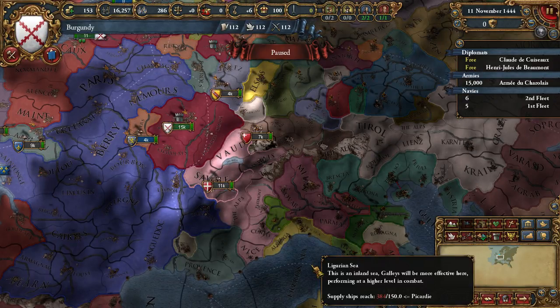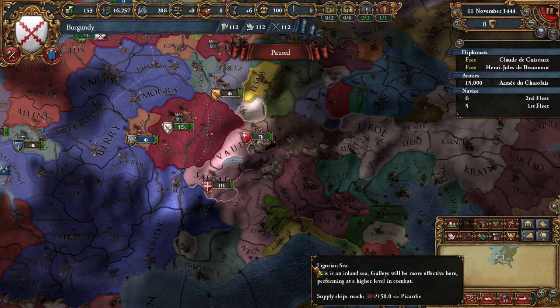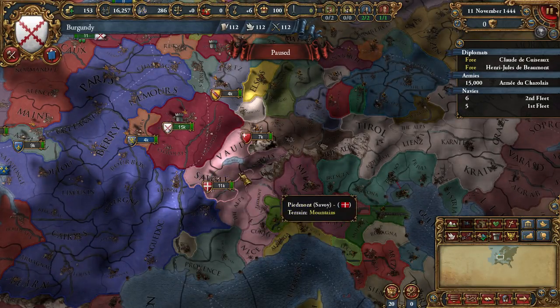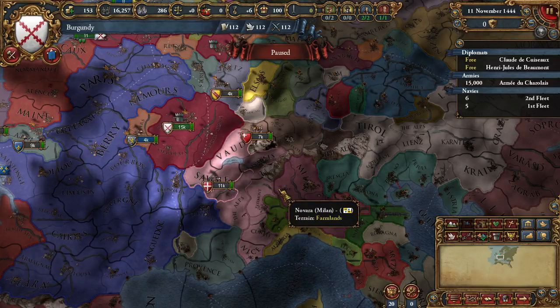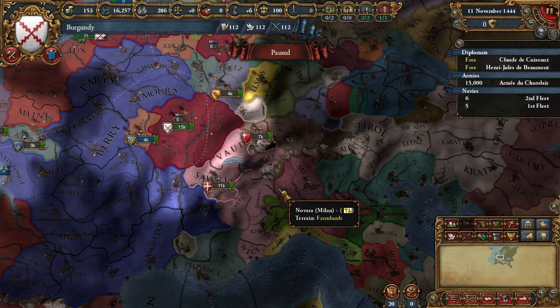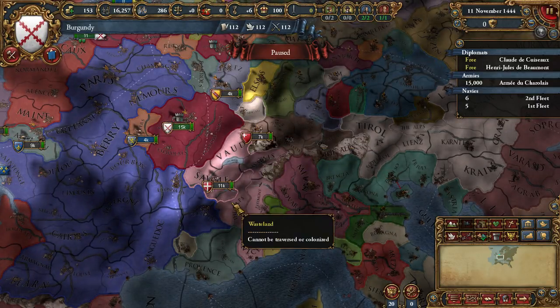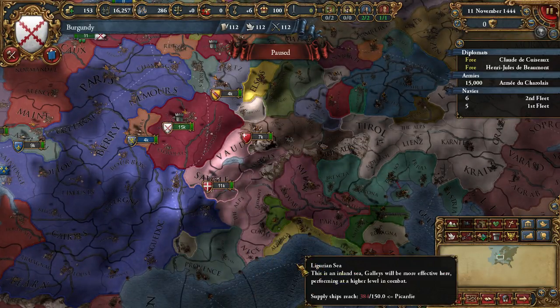Unfortunately, at the beginning of the 11th century, the kingdom of Burgundy was first split into two parts, the Upper Burgundy and the Lower Burgundy.